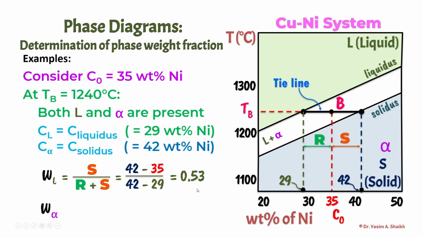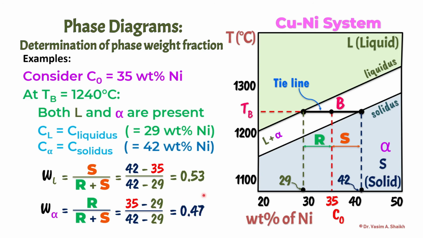The weight fraction of alpha is equal to R over R plus S, which is 35 minus 29 over 42 minus 29, and the answer comes out to be 47%. If we add 0.53 and 0.47, we get 1, that is 100%.